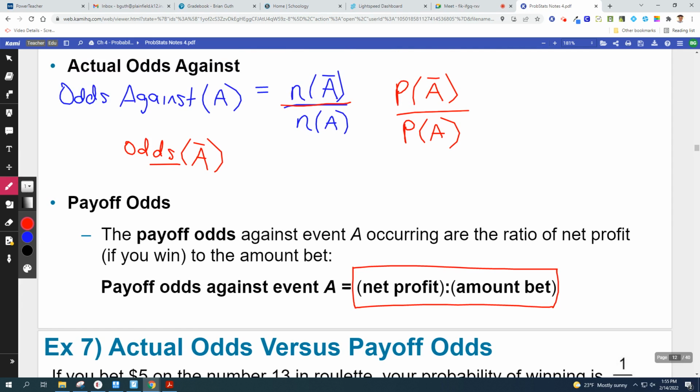The reason we've got two different sets of odds is because if you go to a casino, or if you go to some kind of charity event where they've got a casino night or something like that, they'll change the odds to tilt in their favor. The house always wins. The odds are such that the casino is always going to win a cut. Even if you win, when everybody plays long term, the casino's going to win money. They're always going to win money. And so the actual odds and the payoff odds aren't necessarily the same thing.